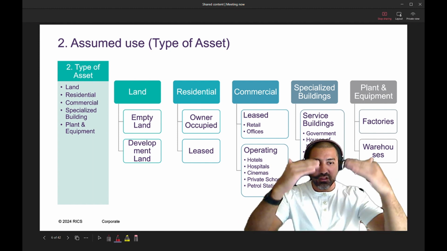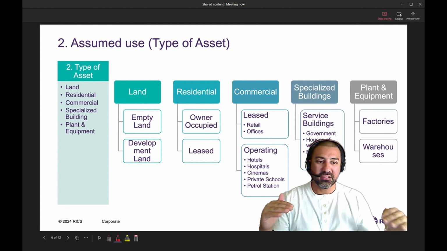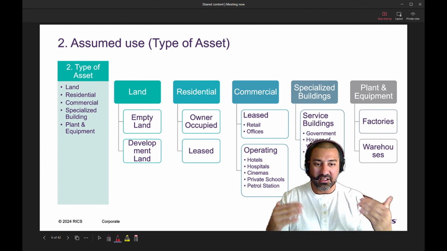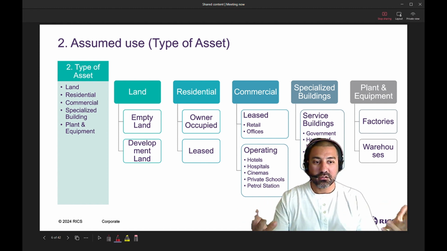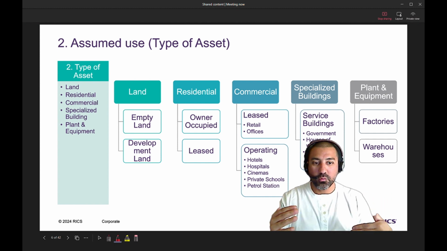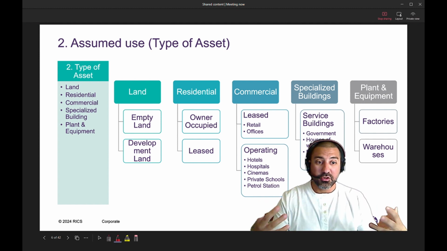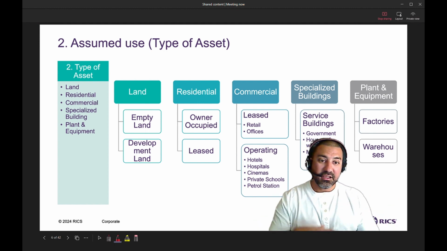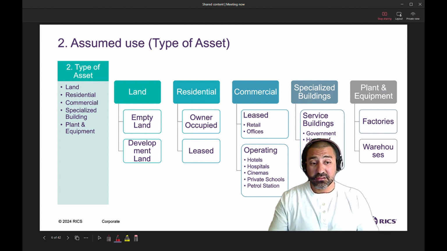And then at the very bottom, at the NOP, net operating profit, you assume, let's say 50/50, 30/70, whatever it is, the going market rate of dividing your NOP between what would be a fair market rent and what would be a fair profit of the business, and that would be the profits method, right? So a commercial property that is leased versus operating can actually affect the method that you're going to be using.